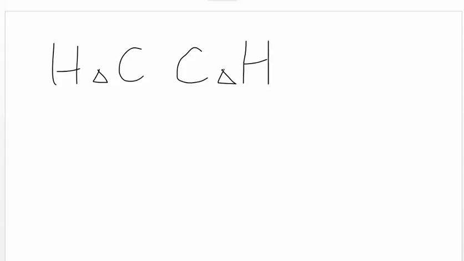Each carbon is in group 4A, so carbon has 4. We're just going to arbitrarily place these valence electrons around each carbon and see if this works.